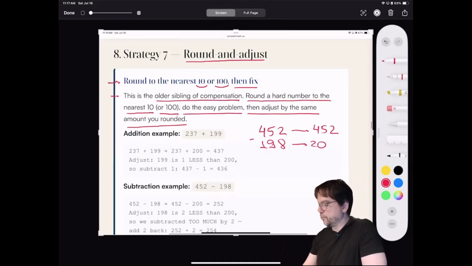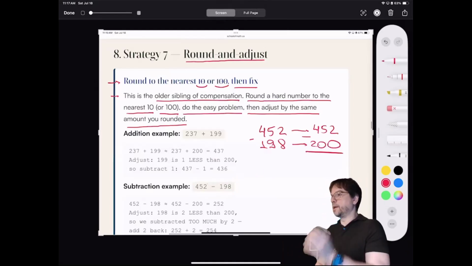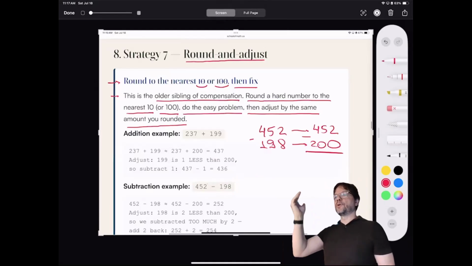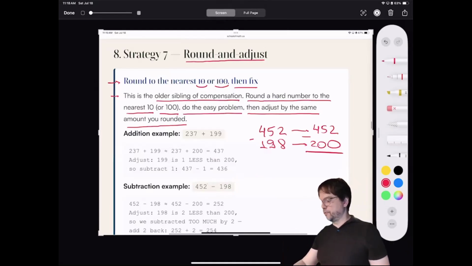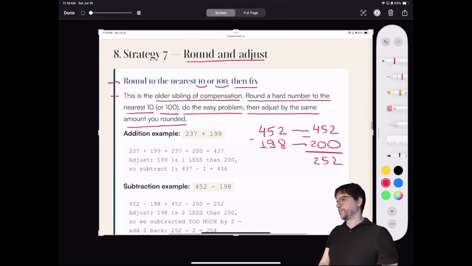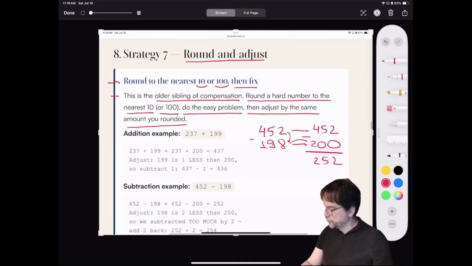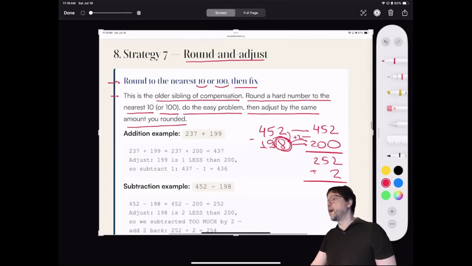I want to do it mentally, minus 200. 452, 352, 252. Do you agree? But as there is a difference, and I added the 2, I have 2 less. So I need to add 2. So it's the opposite now. 254.